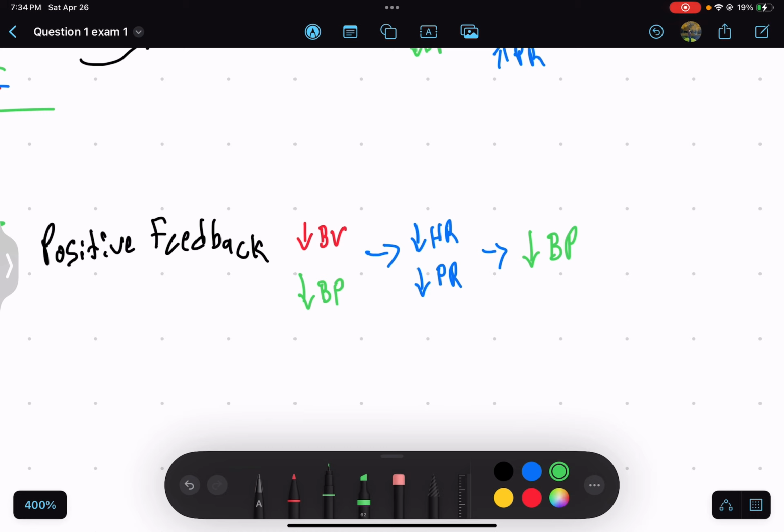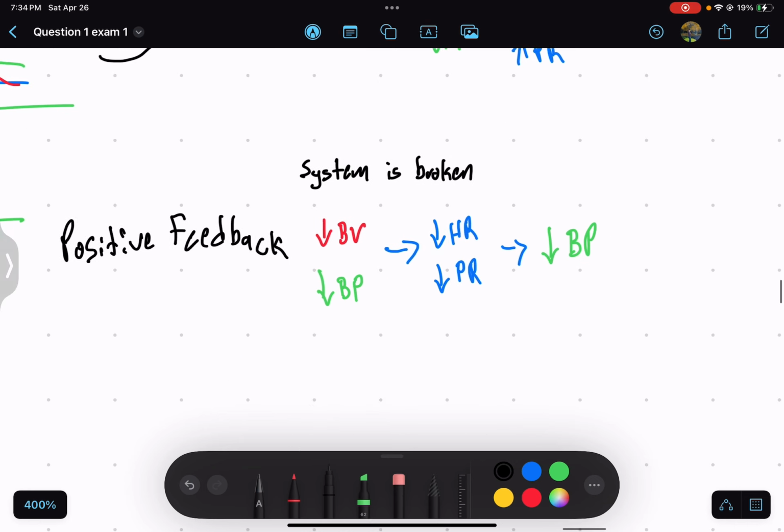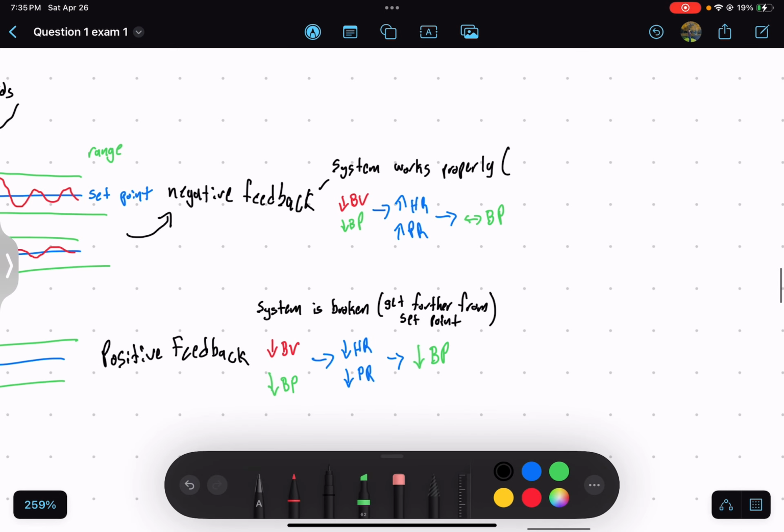I apologize. But our variable's value is just going to keep getting further and further away from set point. So some system is broken and so it's going to get further from set point.